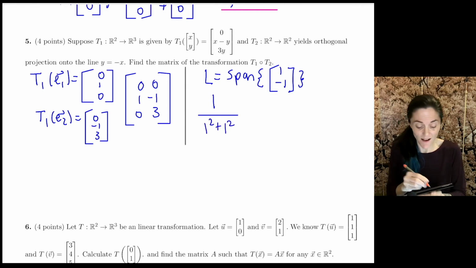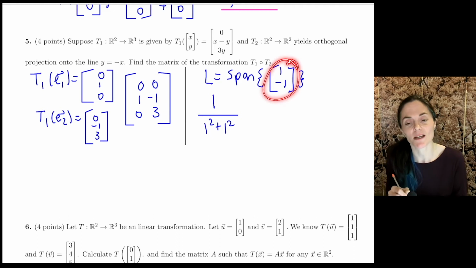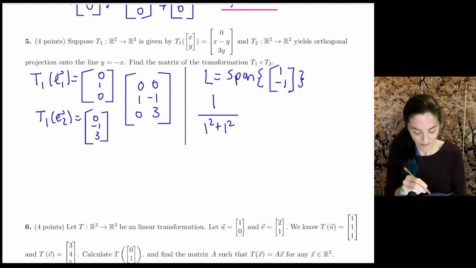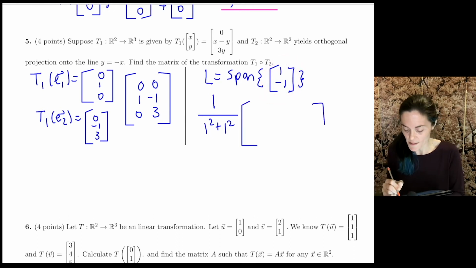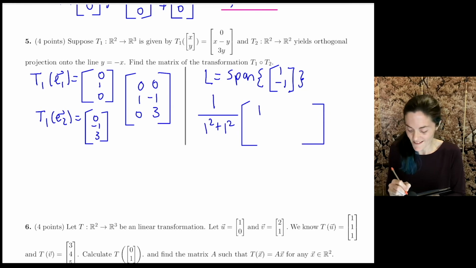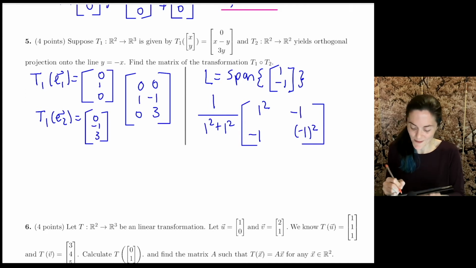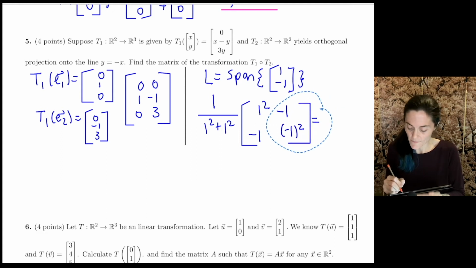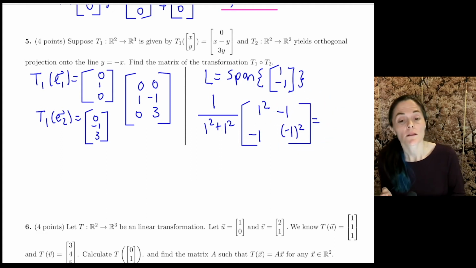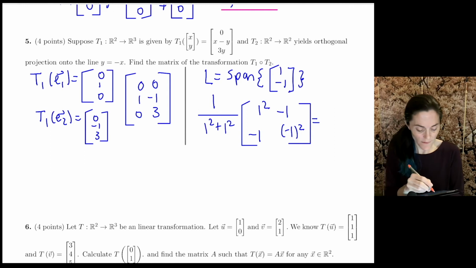We read this off this vector, if this vector is, say, W1, W2. And then we have W1 squared here, W2 squared here, and then W1 times W2, W1 times W2. Altogether, we can pull this inside.